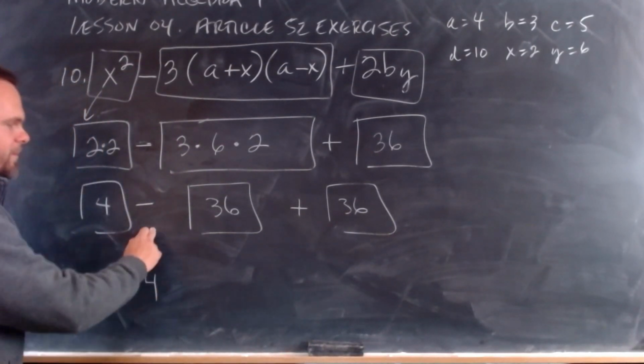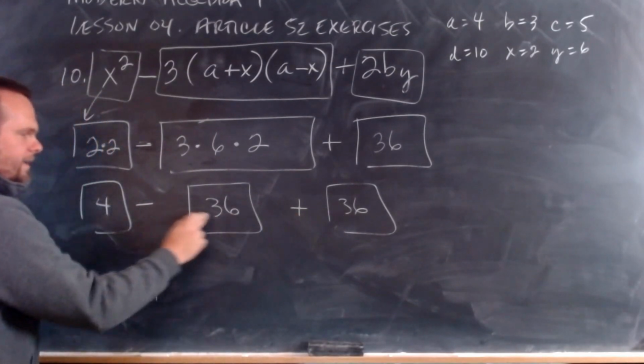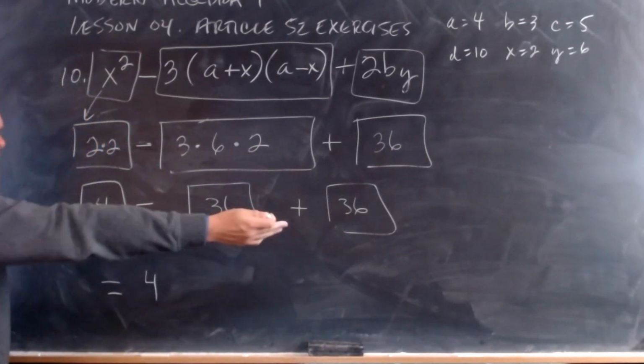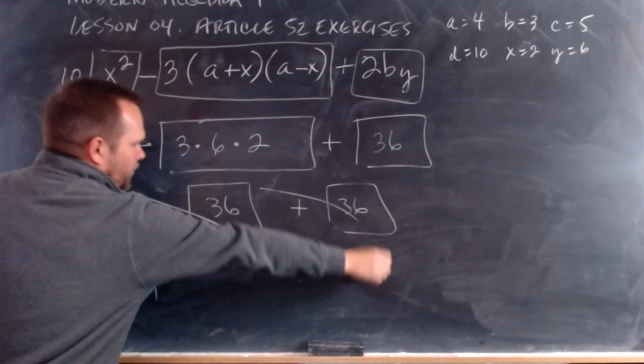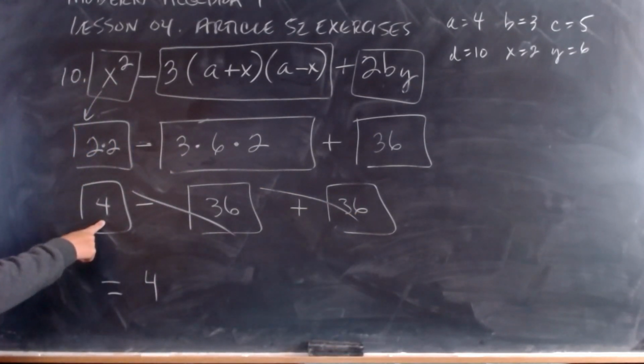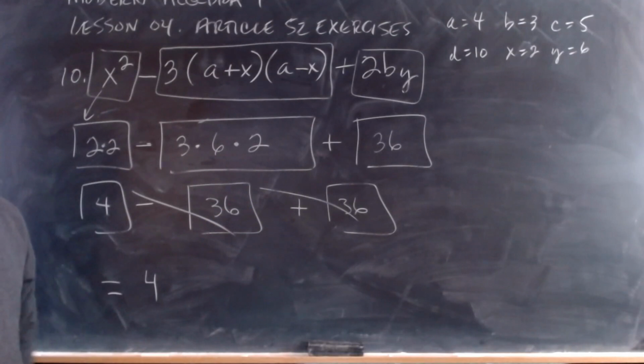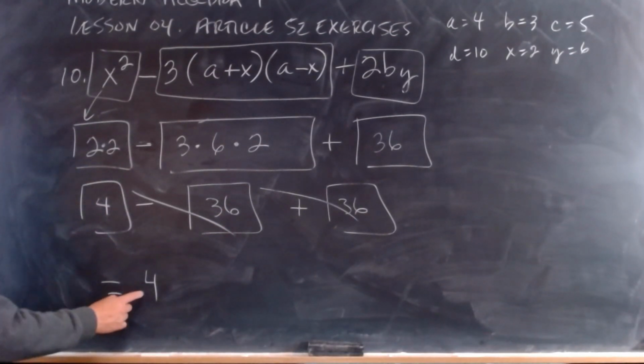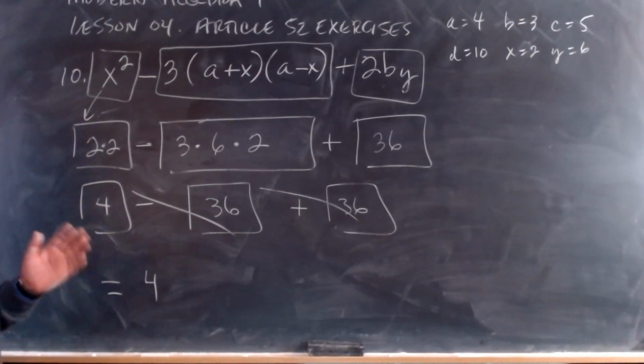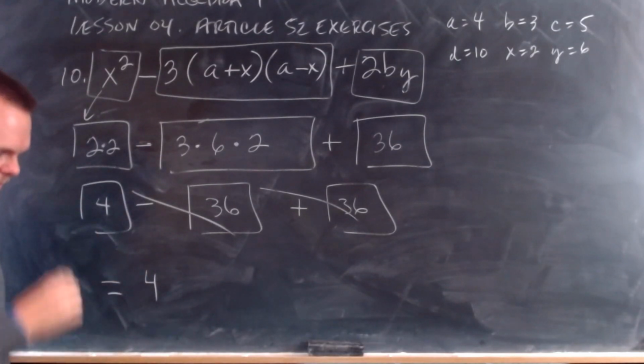So when you see something like this, where you're asked to do opposite operations that have the same value, you just ignore them. There was the answer. You don't have to take away 36 and add that. That's a waste of time. It just brings you back to the same value. So the answer is 4, and that's the correct answer to number 10.